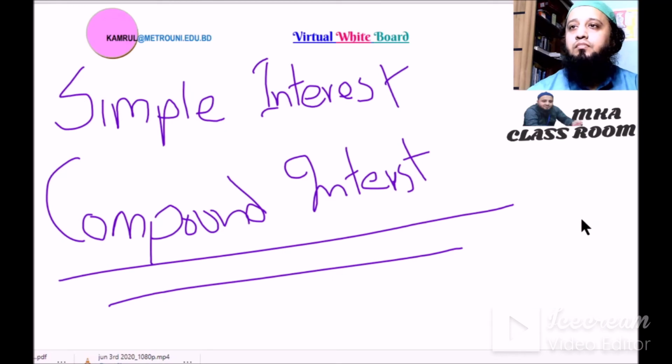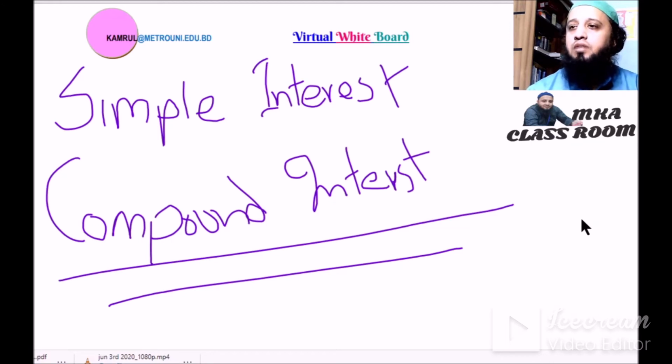Today we will try to discuss compound interest and simple interest. That is today's topic, compound interest versus simple interest.